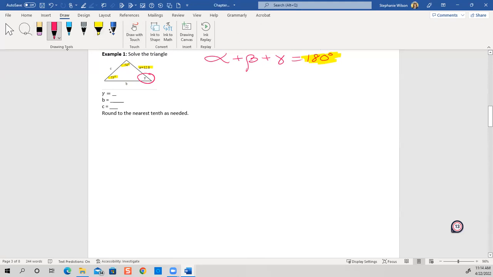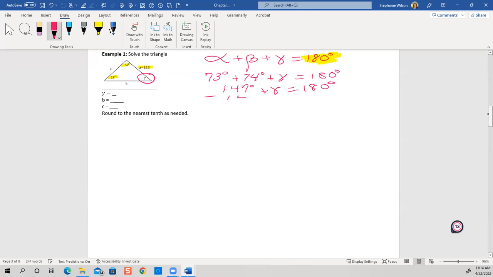Knowing this, I'm going to start off by solving for the last angle that we don't know, gamma. How do I know to do this? I know that alpha plus beta plus gamma equals 180 degrees, because all three angles in a triangle add up to 180 degrees. I plug in what I know: 73 degrees plus 74 degrees, but I don't know gamma. With a little algebra, I add 73 plus 74 and get 147 degrees plus gamma equals 180 degrees.